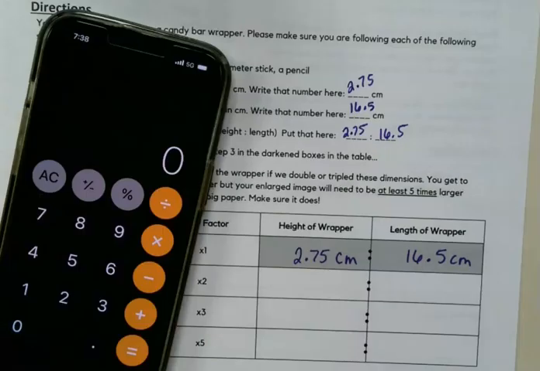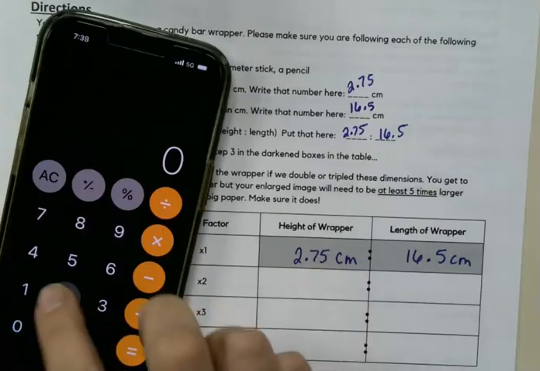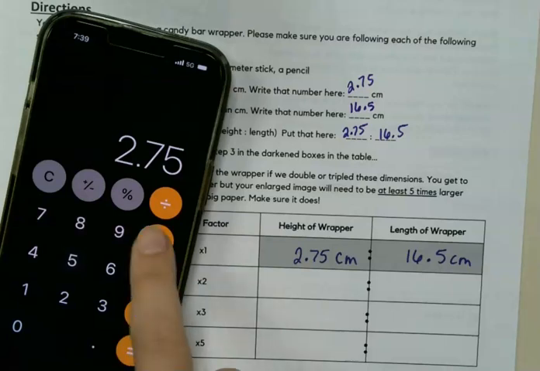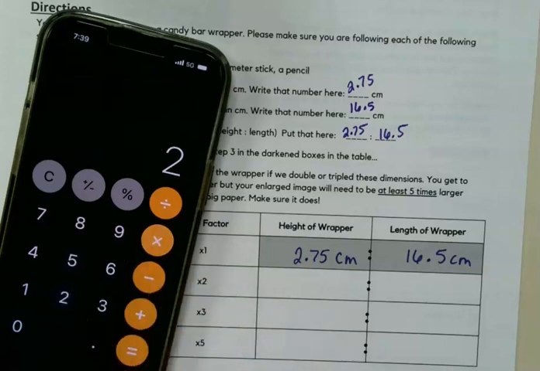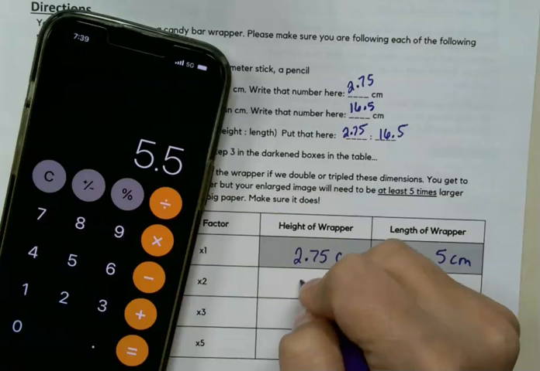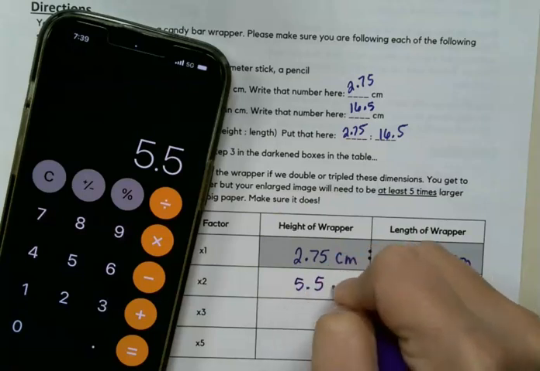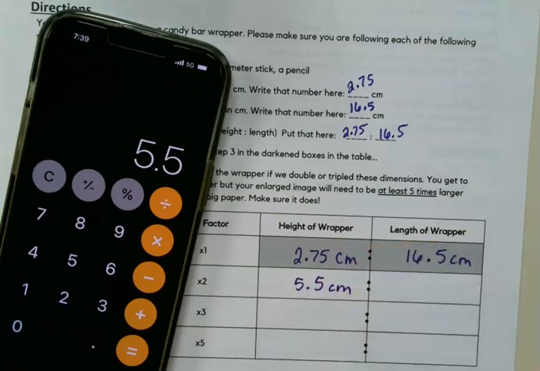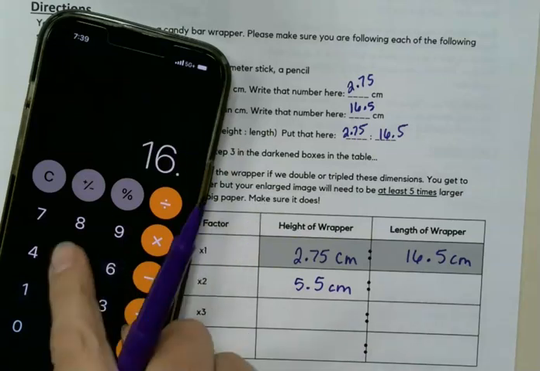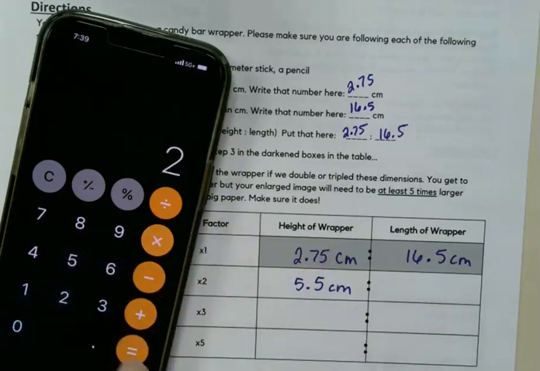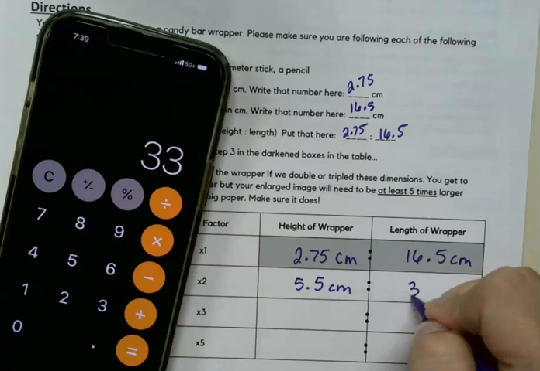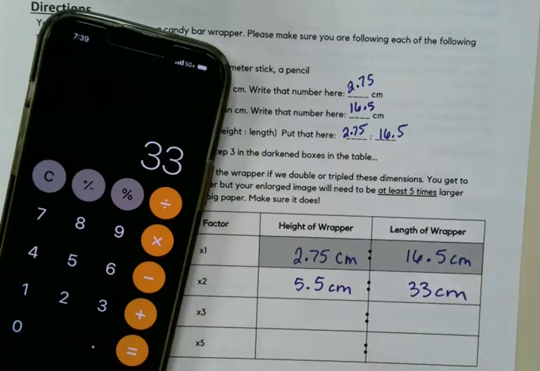So I'm going to show you my example. I'm going to take that gray box, 2.75 times 2 is 5.5. I'm going to put 5.5 centimeters in that next box. 16.5 times 2 is 33 centimeters.